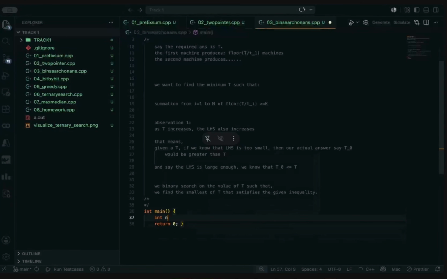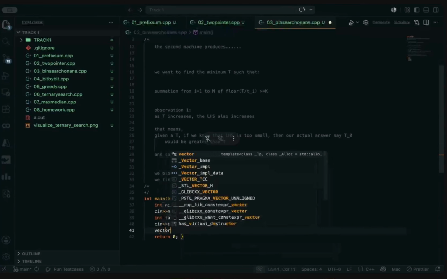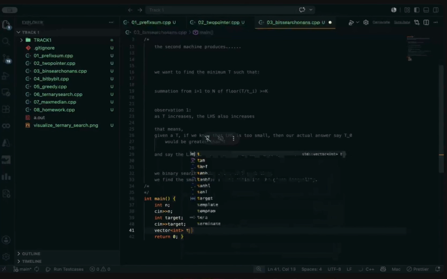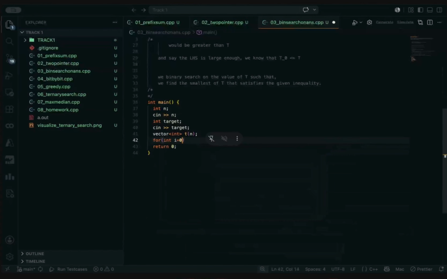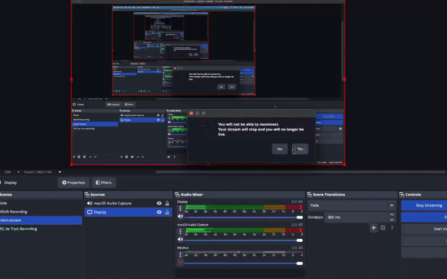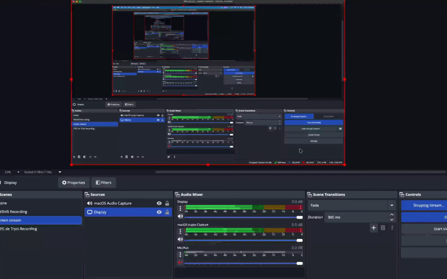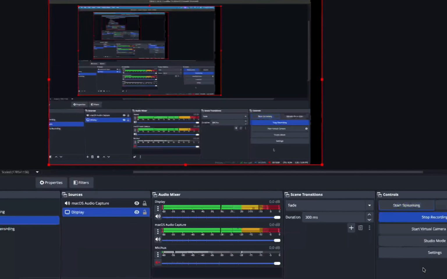So first, we input the number of machines, then input the target, and initialize a vector of the times it would take for each machine to produce a product, in a for loop from 0 to less than n. Okay, so what we do here is, in binary search, we had an int low.